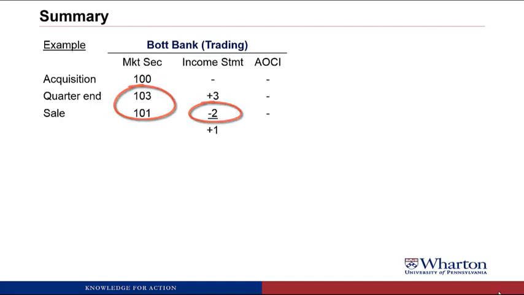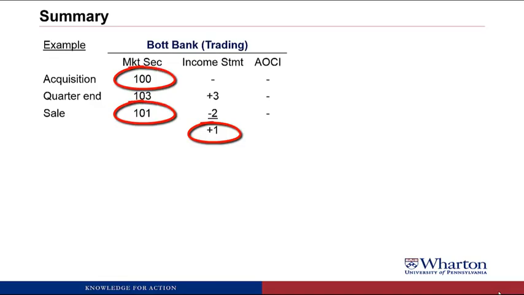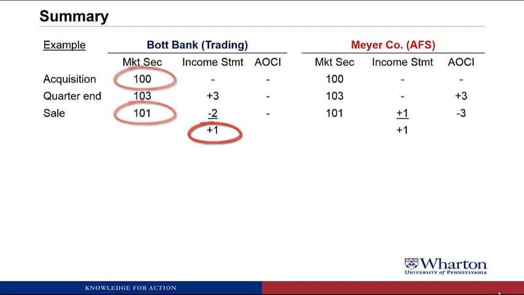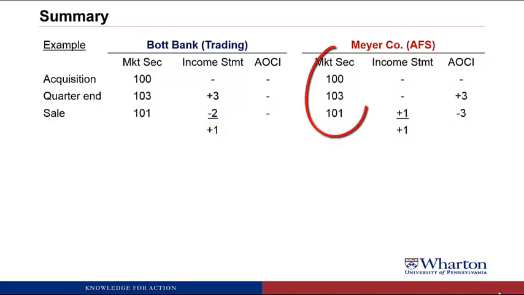Overall, the total gain showed on the income statement across the two periods was +1, which equals the realized gain, the difference between what we bought it for, 100, and what we sold it for, 101. For Meyer Company, it had the same pattern for marketable securities. They bought it at 100, wrote it up to 103, that showed up on the balance sheet, and sold it for 101.